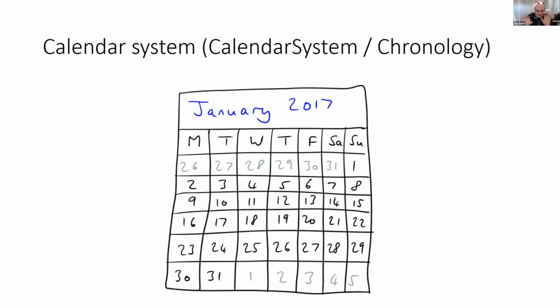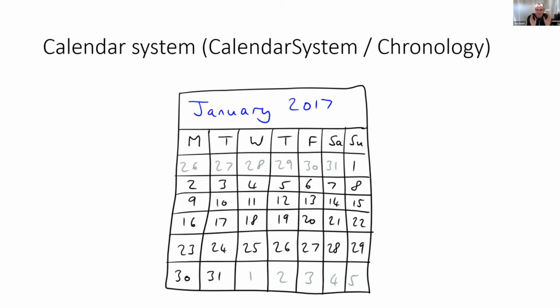So that's the difference between Gregorian and Julian, but they all use the same set of months: January, February, March, April, May, etc. But there are completely different calendar systems around. So the Hebrew calendar system, various Islamic calendar systems, Japanese calendar systems, lots.